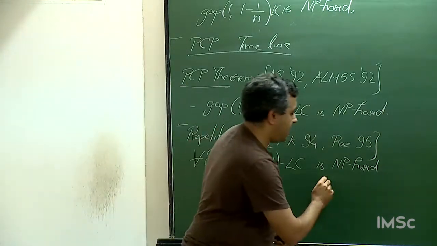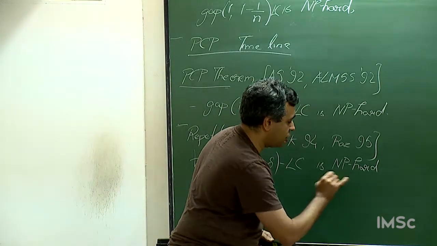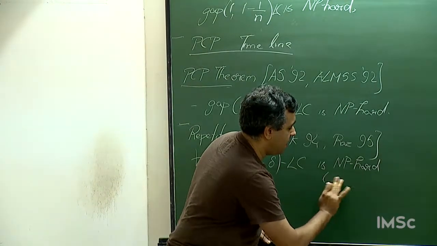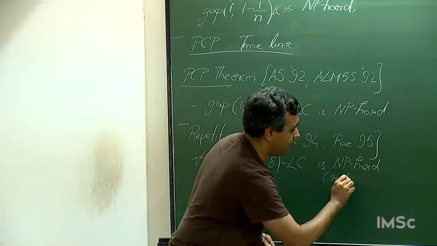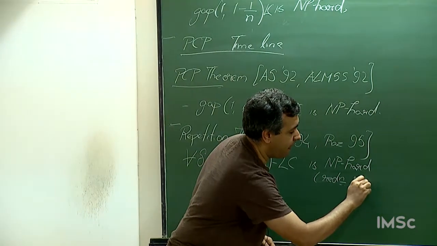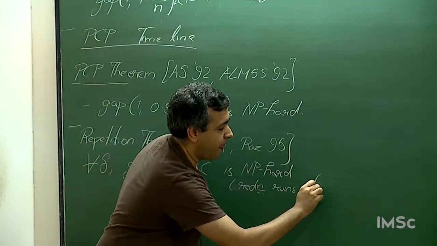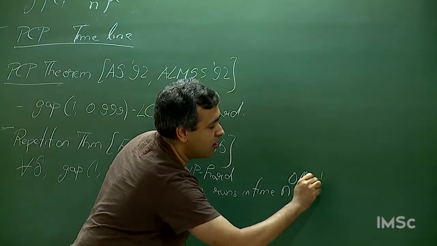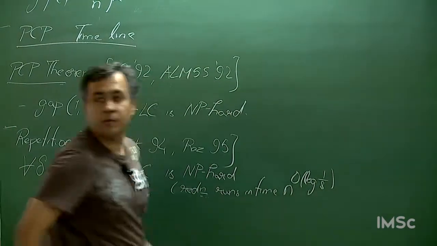NP-hard means there's a reduction, and the reduction runs in time n to the order log 1 over delta.